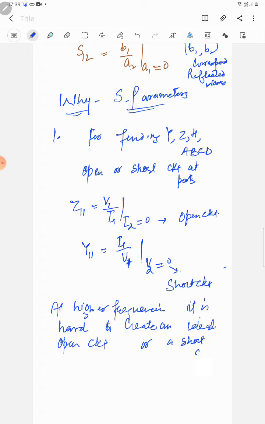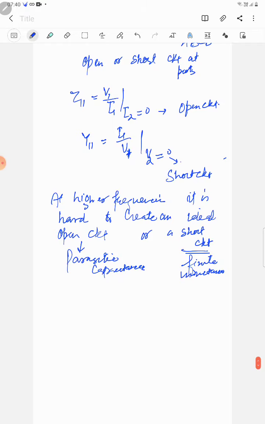The reason is that we always have parasitic capacitances, and because of parasitic capacitances, it won't be possible to create an ideal open circuit. Likewise, it won't be possible to create an ideal short circuit as we have finite inductances. So this is the first reason for using S parameters at higher frequencies.